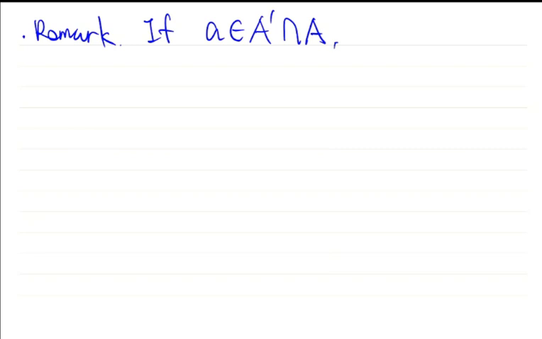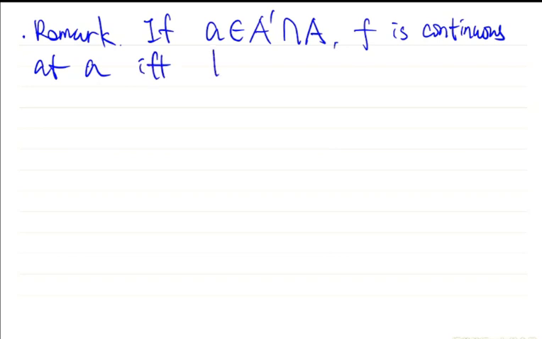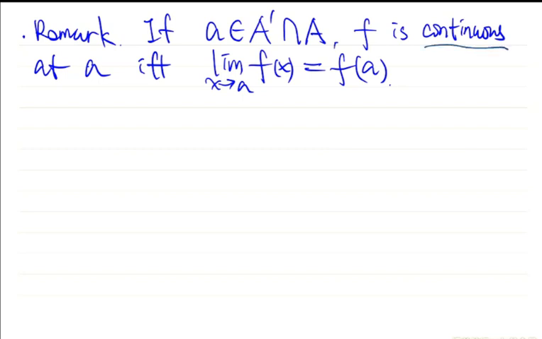In this case, f is continuous at this point if and only if the limit of f(x) when x goes to a is the value of f at this point. Okay, this combines the definition of limit and the continuity of functions. We have this result. Here we require a to be in the intersection.